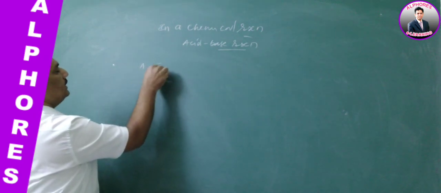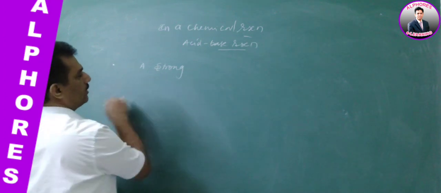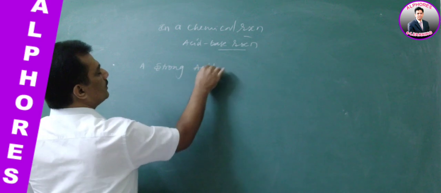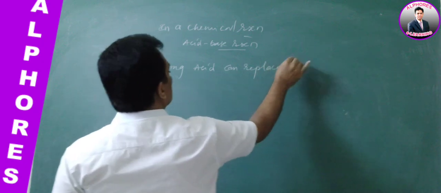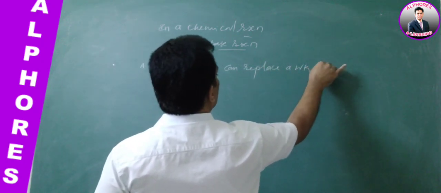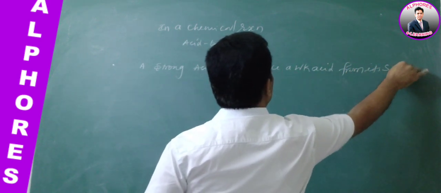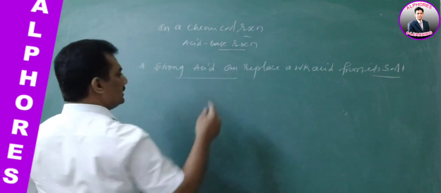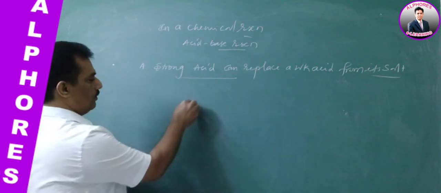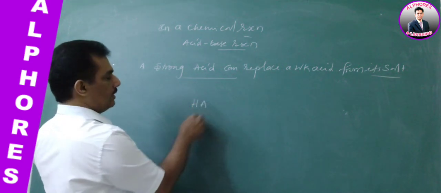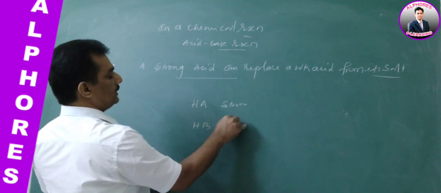A strong acid, remember forever, in all cases, either organic or inorganic, this is happening: a strong acid can replace a weak acid from its salt. Let me give: HA is a strong acid and HB is a weak acid.